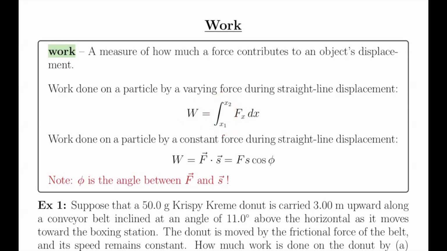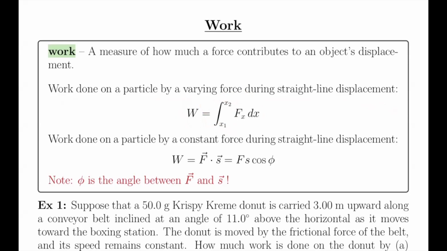So the initial position to the final position. Integrals, calculus, very spooky. So that's the work done on a particle by a varying force during straight line displacement. And it's a scalar. Yes, this is a definite integral. So it's just a number. So work is a scalar quantity.